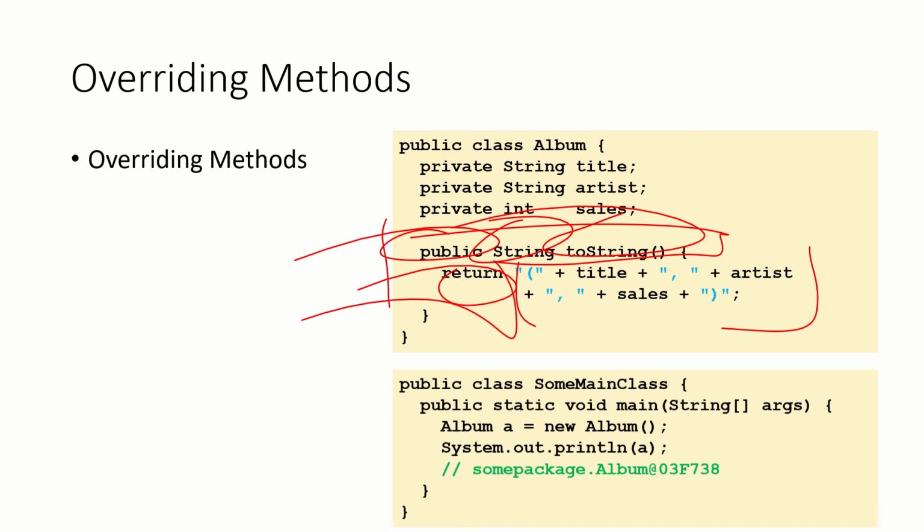Another part is the body of toString. Basically, what kind of information do you want to return when they directly call the object? For this one, we want to call this object A to print the title, artist, and the sales. So we just put the variables in here.